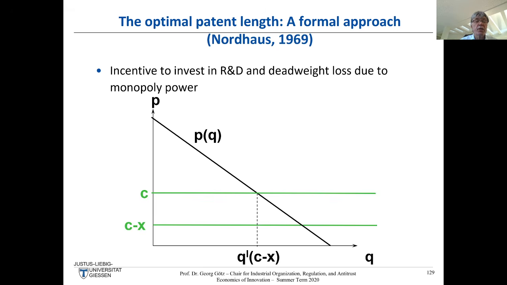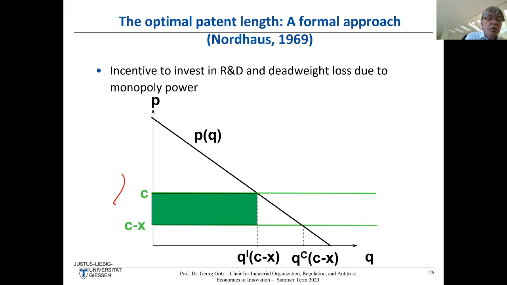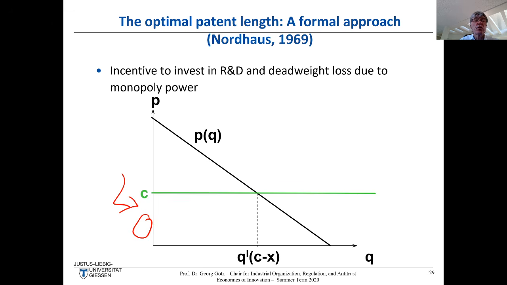On the one hand, this is just from the Arrow model, this is your gain from innovation, which you get if you have invested so much X, if you have reduced your cost so much, you gain once you have competition. So this will turn out to be your gain from innovation, your incentive to innovate. On the other hand, you have this deadweight loss. But here, I think I should just stop and move on.